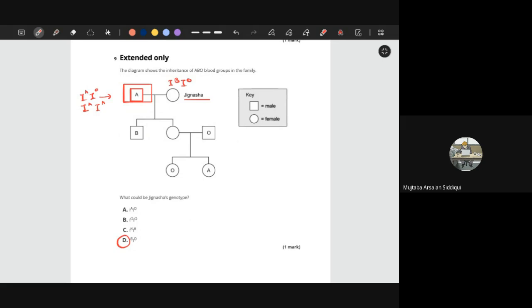The father has blood group A, and there is a son who has blood group B, right? So there is only one possibility where the son will get blood group B, where the mother has blood group B. Make sense? Yeah.